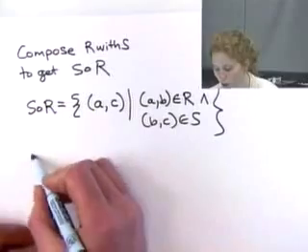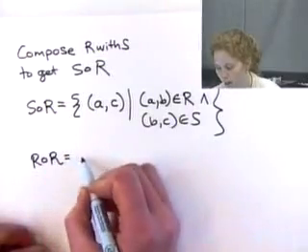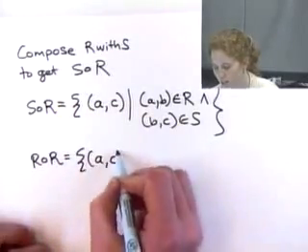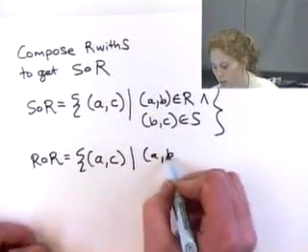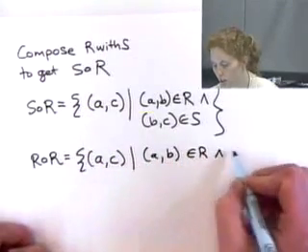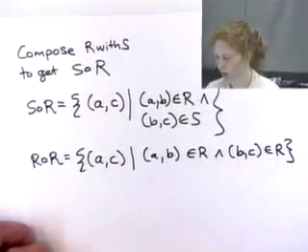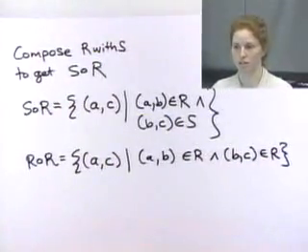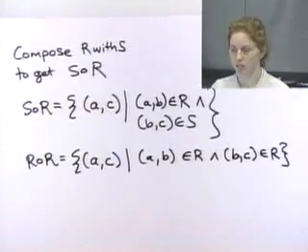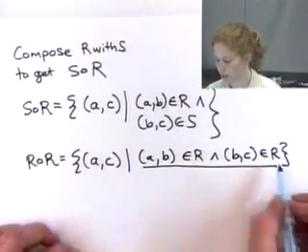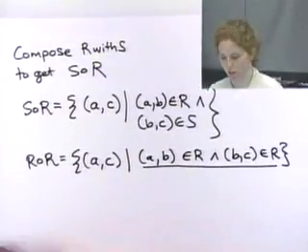So if I do R composed with R, then that is the set of ACs so that AB is in R and BC is also in R. Now that really looks like transitive, doesn't it? Because this is actually the left-hand side of my implication in the definition of transitive.